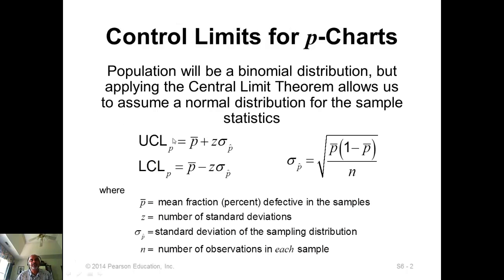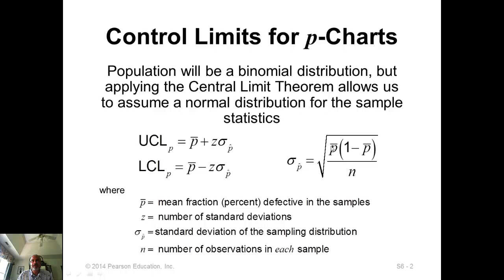For the P chart, the formula is given here, which again looks like a confidence interval formula. P bar is the mean of the percent defective from samples. So you'll have one P from each sample, P meaning the proportion of defectives from the first sample, the second sample, the third sample, and so on. You average all of them, you get P bar.